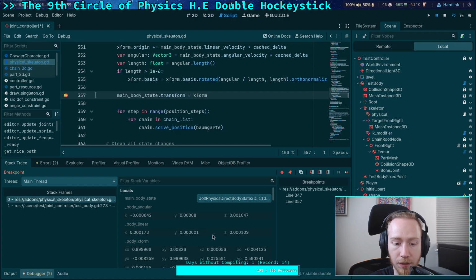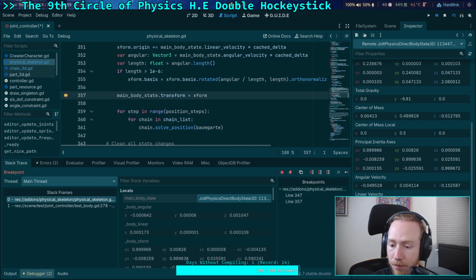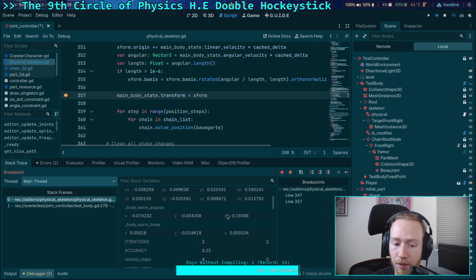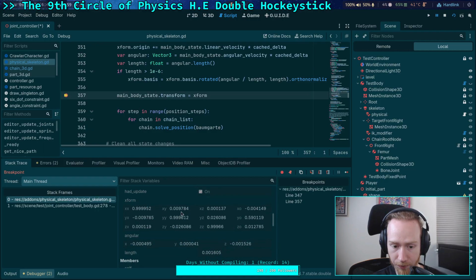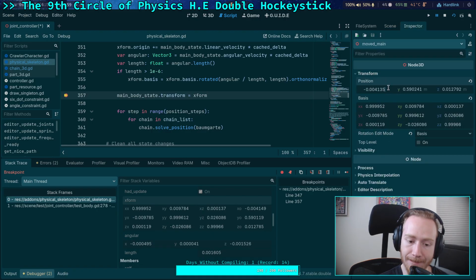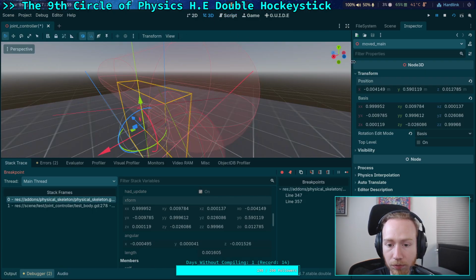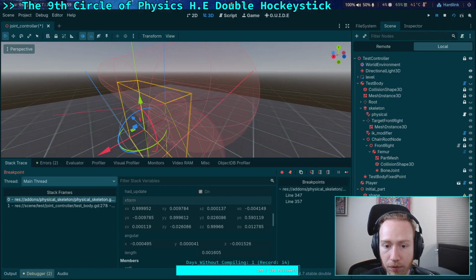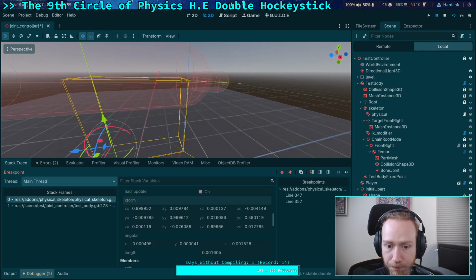And then the moved. Alright, so this one also barely moved.